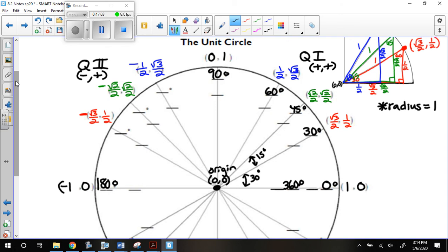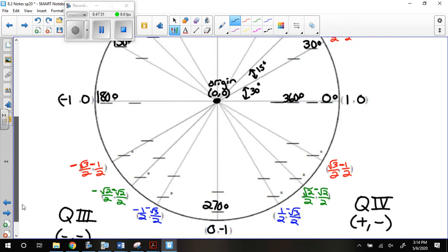So if I'm going a big chunk, I need to add 30, so that's 120 degrees. Then I'm going through a little chunk, so I add 15, and that's 135 degrees. Then another little chunk, add 15 more, which is 150 degrees. And then a big chunk, so I add 30, and that takes me to the 180.